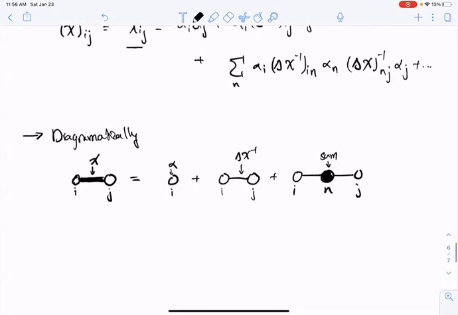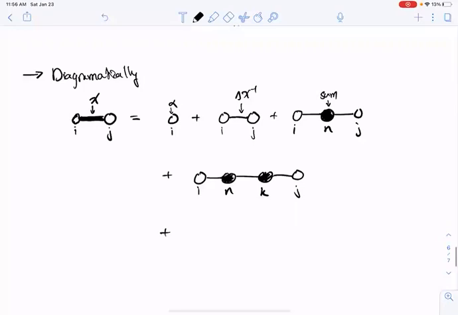Instead of writing out the next order sum, we can present it graphically. It would look like I, in another sum K to J. If we wanted to go even further, we'd have I to N summed over all N, to K summed over all K, K to L summed over all L, now to J. And now look at the geometry that's coming out.